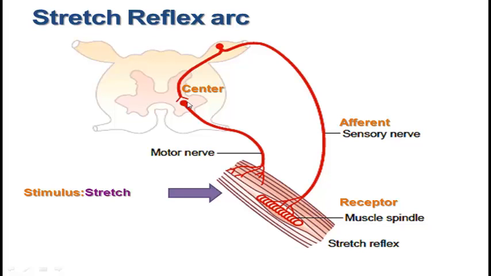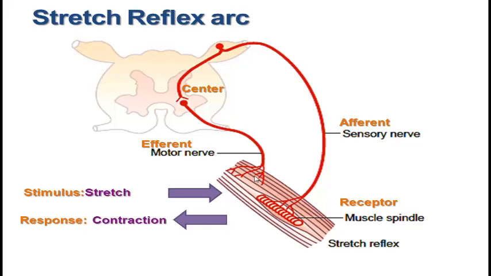And the efferent is the motor nerve that innervates the skeletal muscle which was previously stretched, and the effect of this signal is contraction of the muscle. So the response is contraction of the muscle.